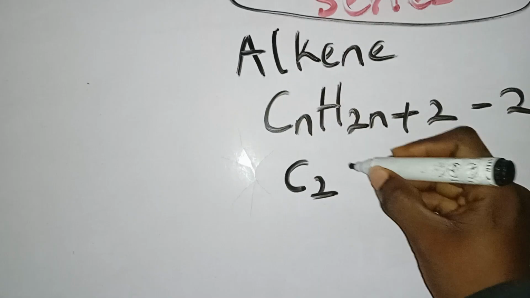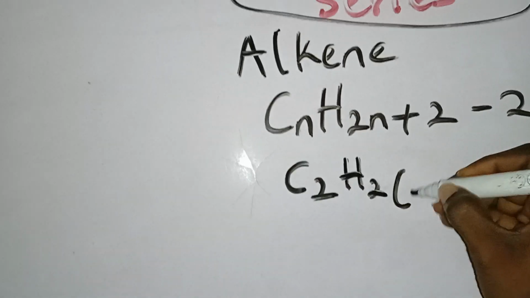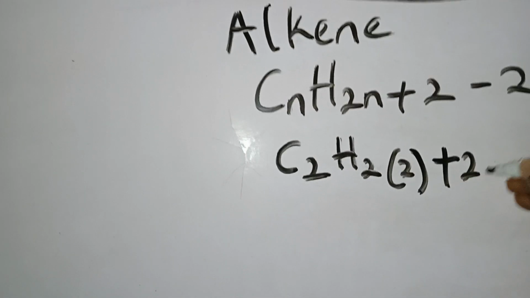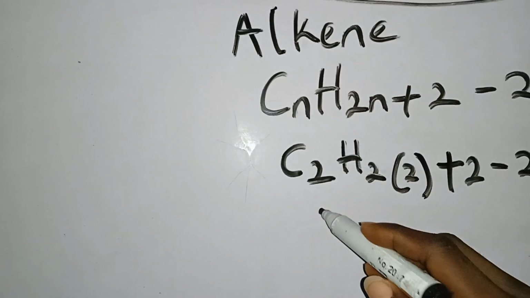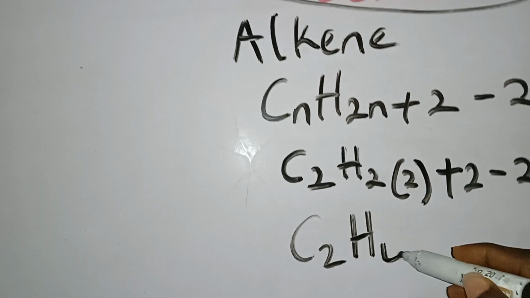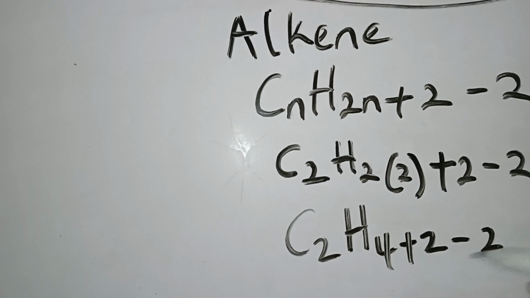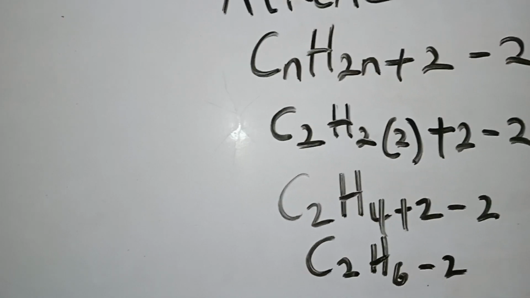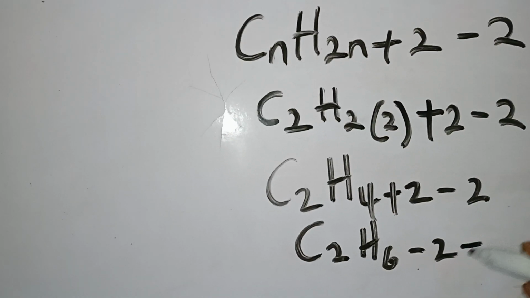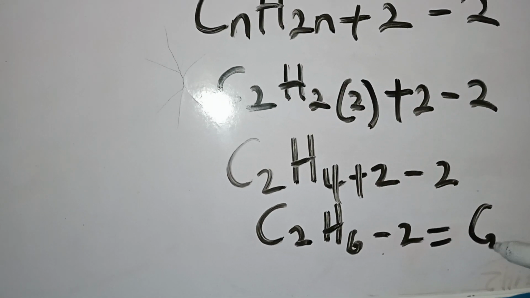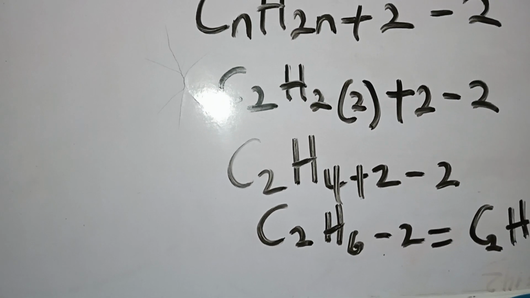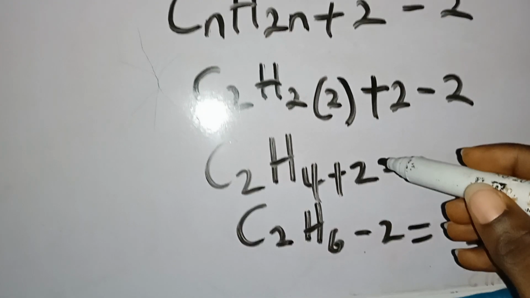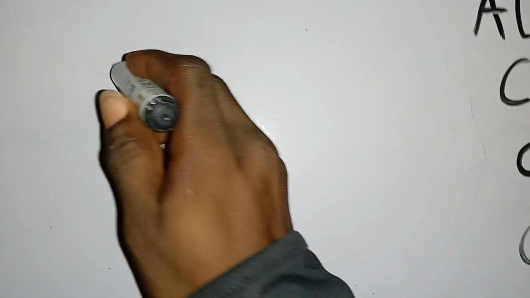So that means I have H2n, where n stands for number of carbon, 2 plus 2 minus 2. So this is going to be C2H4 plus 2 minus 2. This is the same as C2H6 minus 2, which equals C2H4.